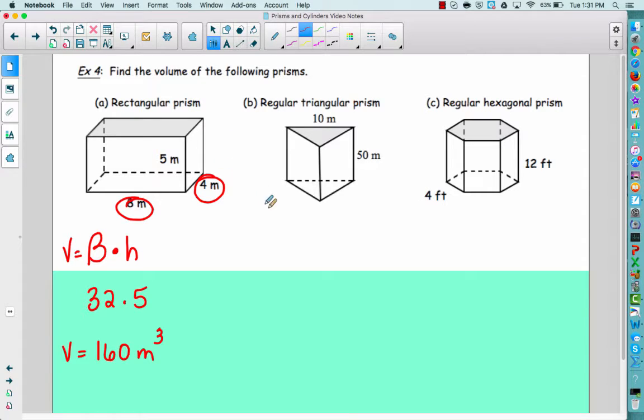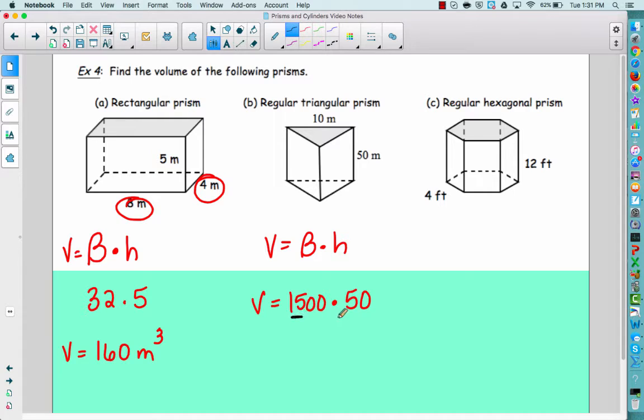Okay? All right, let's try this triangular prism. Again, the volume formula is the base area times the height of the prism. I know my height is 50, but again, it's multiplication, not addition. And the base area that we had come up with was 1,500, I believe, right? 1,500. So we multiply. Now, that little trick we talked about in class, I don't have to worry about all those zeros.